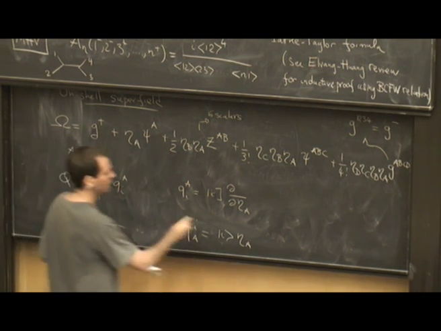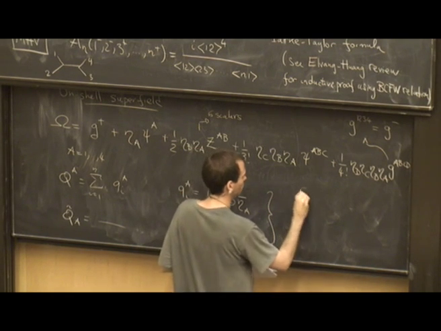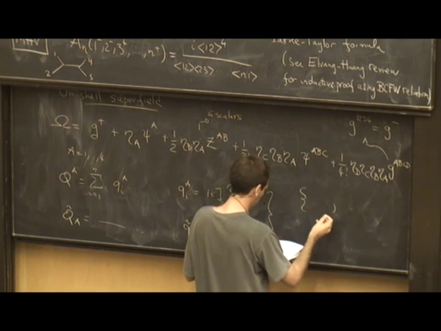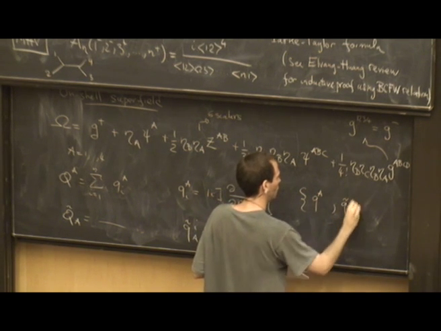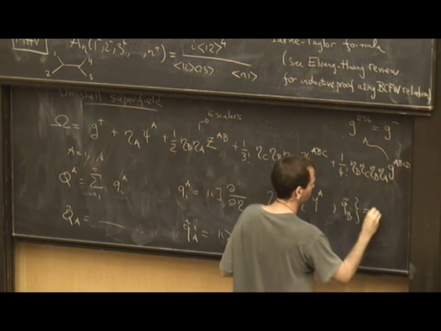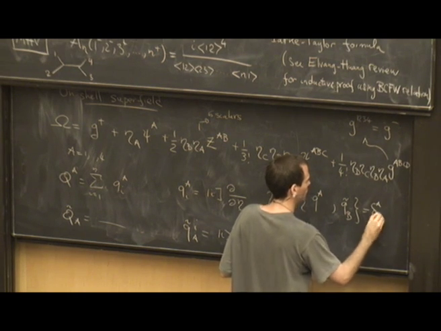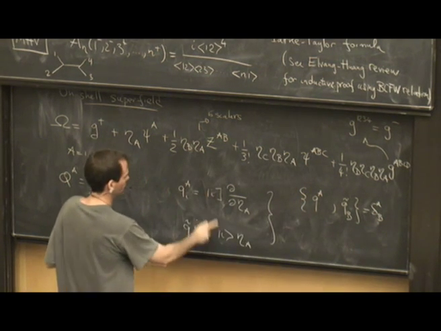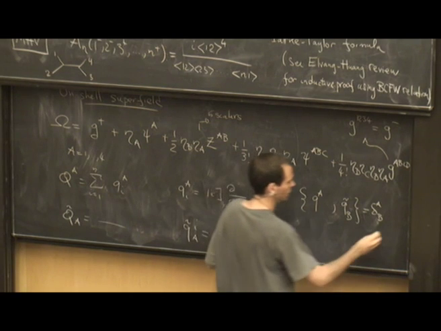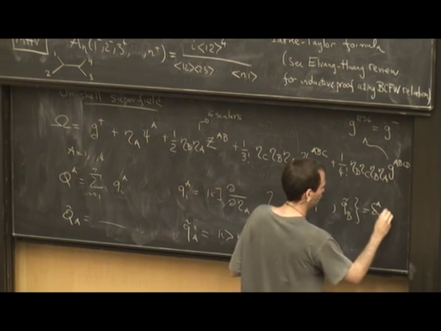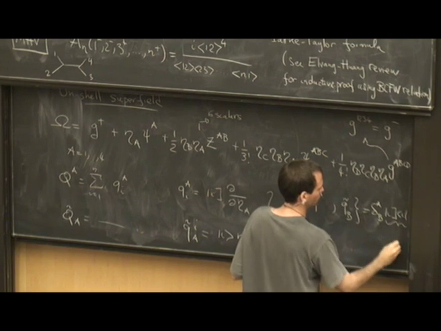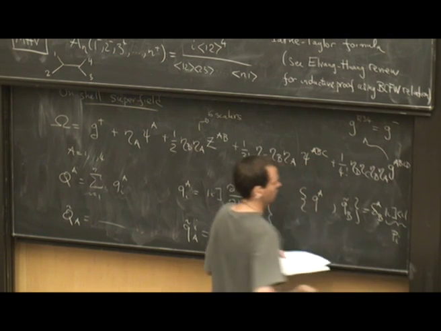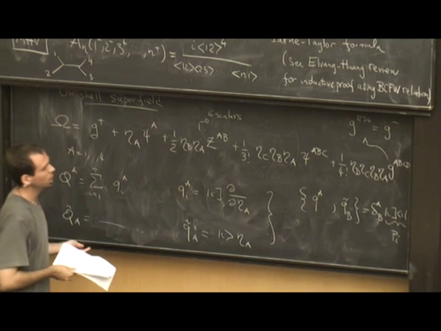Okay, and you can check at this level that indeed the anticommutator of these will be given, up to a delta function, by this object, which is just the momentum in this spinor notation.